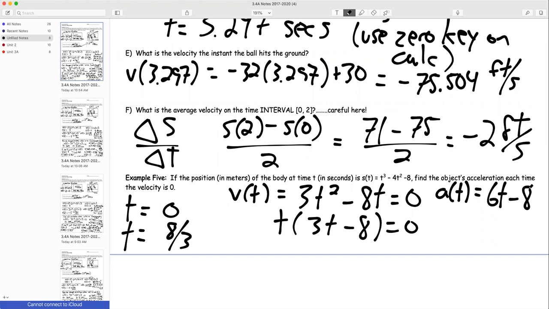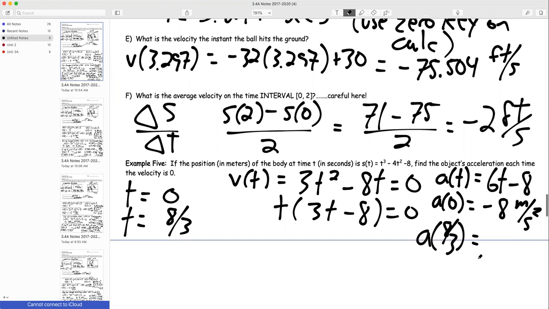And now I'm going to find A of 0. And so that's going to give me negative 8. And my units would be meters per second squared this time. And finally, I need A of 8/3. Oh no, a fraction.